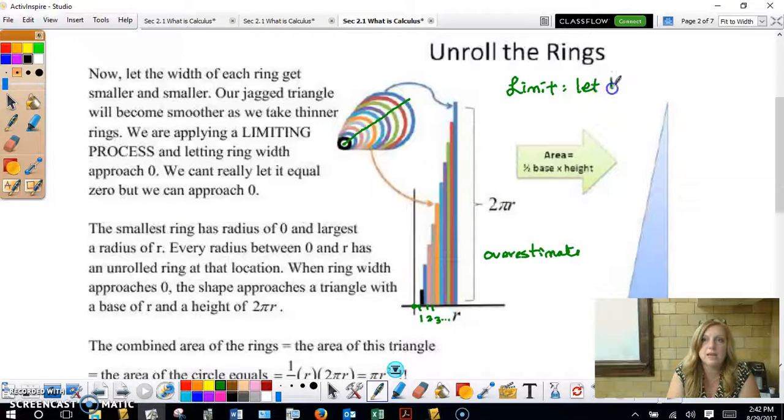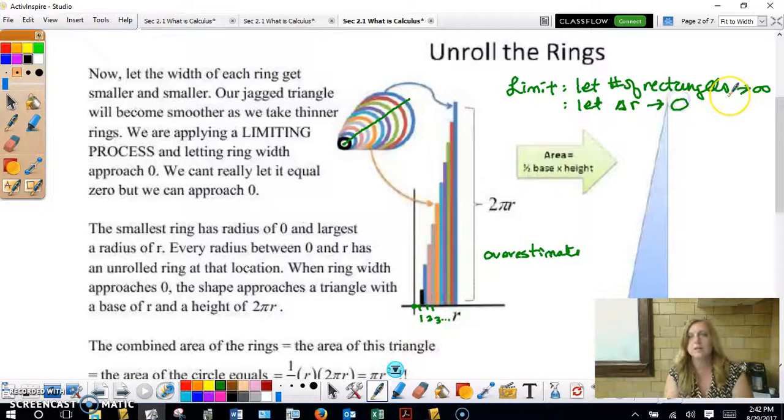We're going to let the number of rectangles go to infinity. Or another way of looking at this is to say we're going to let the change in r go to 0, because as delta r, the width of each ring, goes to 0, I'll have more rectangles and it'll be a better estimate.